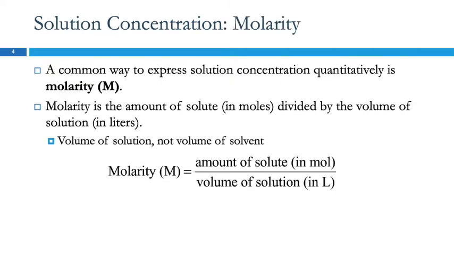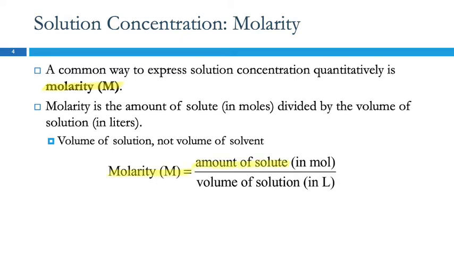Of course, in chemistry, we really want to be able to quantify how much solute is present, and the most common solution concentration that chemists use is molarity. And the abbreviation for molarity is a capital M. There's just a lot of M's among those units. And this is the definition for molarity.